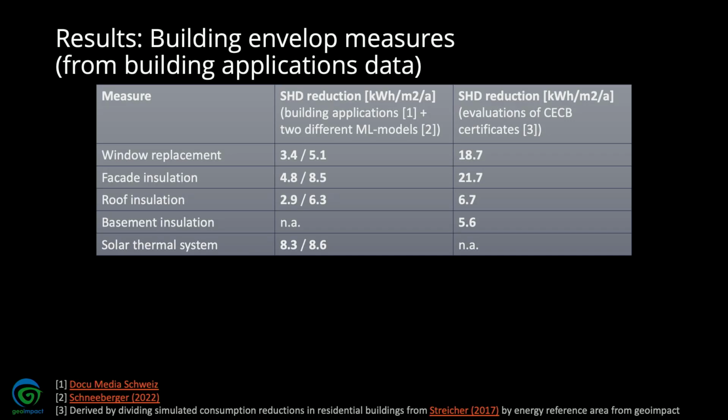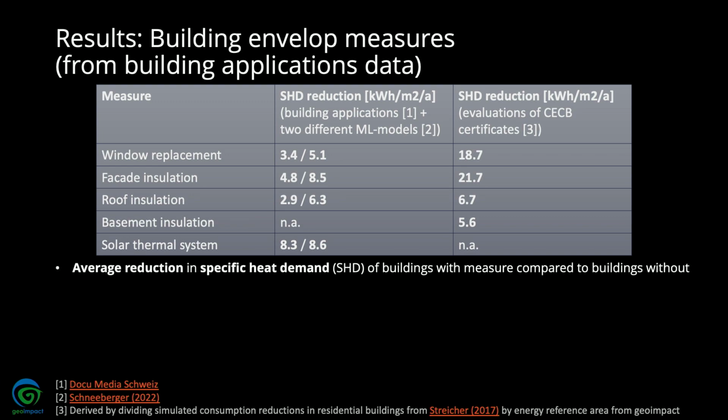And now, the interesting part I already mentioned is the results from the master's thesis. So where we applied the same framework to measures extracted from building application data. So in the left column, you see the results from the thesis, for example, for window replacement.